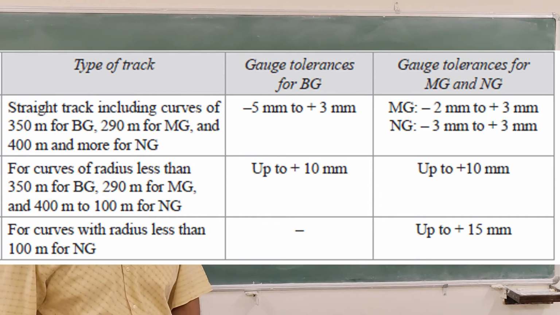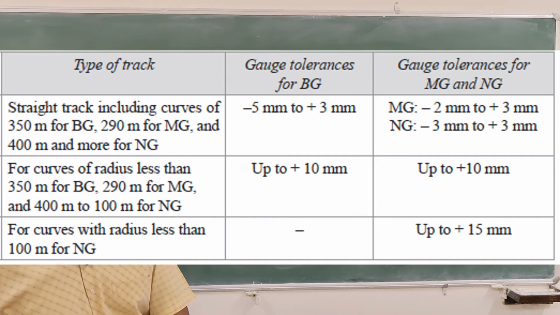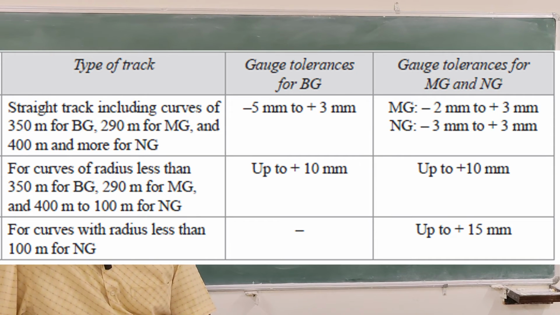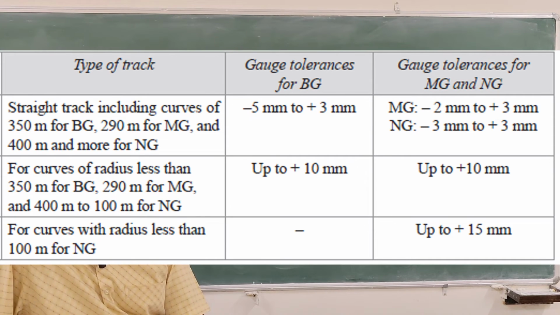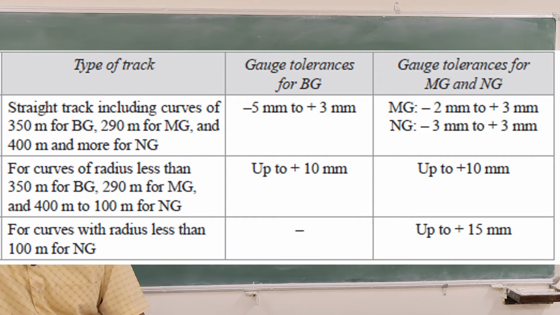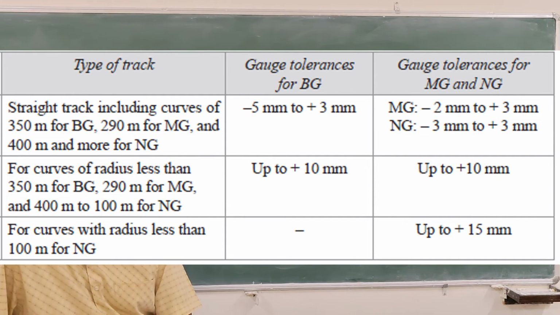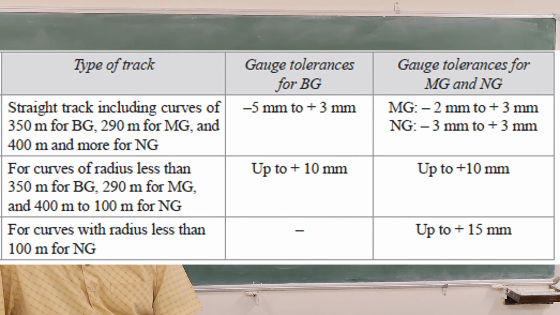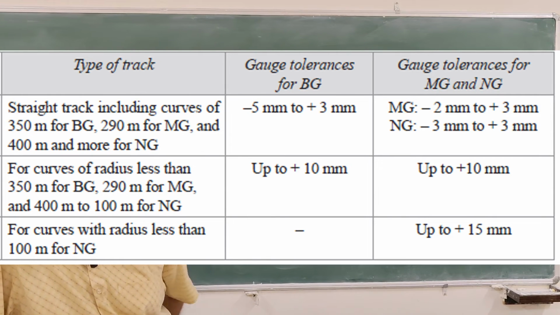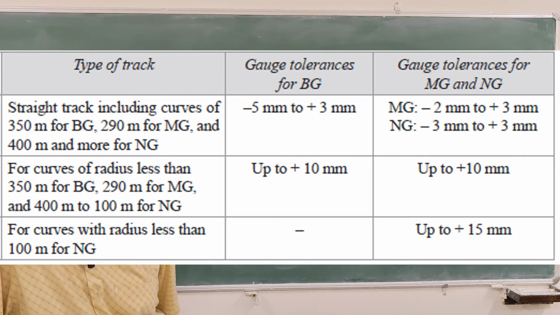It says that for straight track including curves of 350 meter and more for broad gauge, 290 meter for meter gauge and 400 meter and more for narrow gauge, the gauge tolerance should be plus 3 mm to minus 5 mm. And for meter gauge and narrow gauge, you can see it is minus 2 mm to plus 3 mm or minus 3 mm to plus 3 mm.